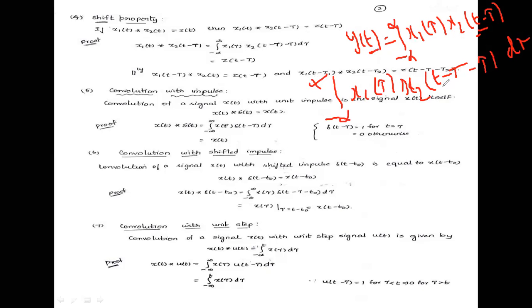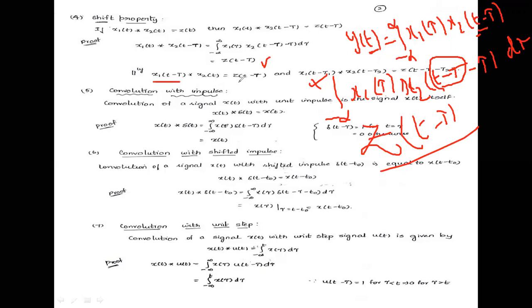So instead of t, capital T, what is the value here? T minus tau. So what is the output? Here I am taking the output as z, so z of t minus tau. Following? The same thing we got here. Similarly, when the input x1 is shifted, the output is also shifted.